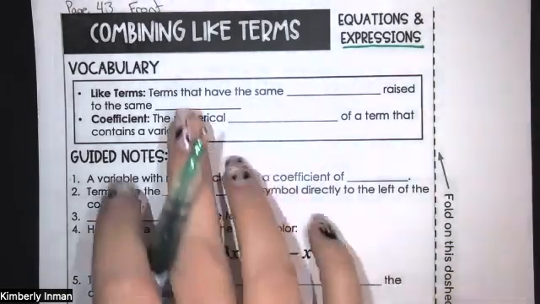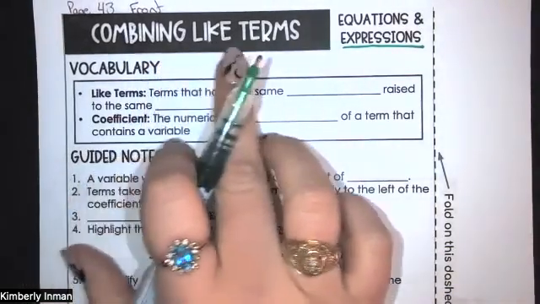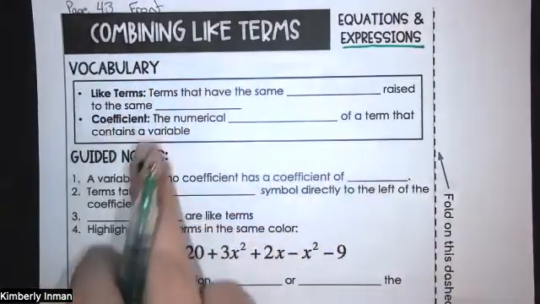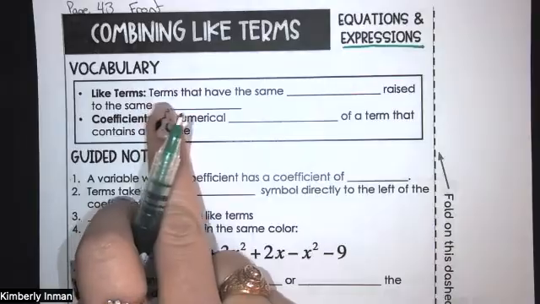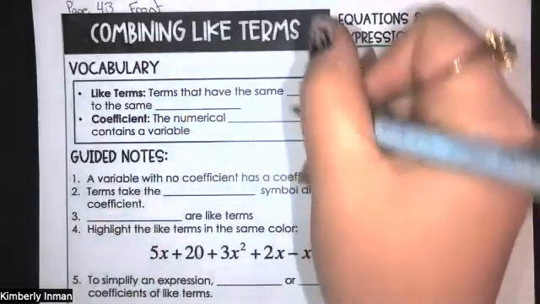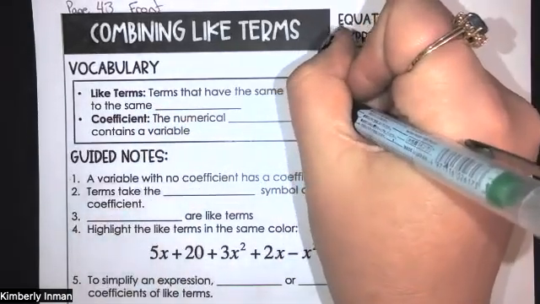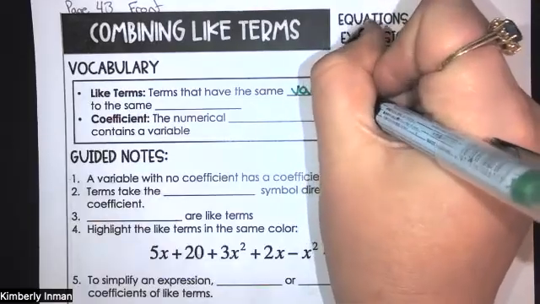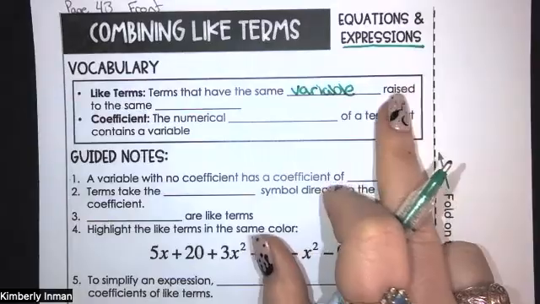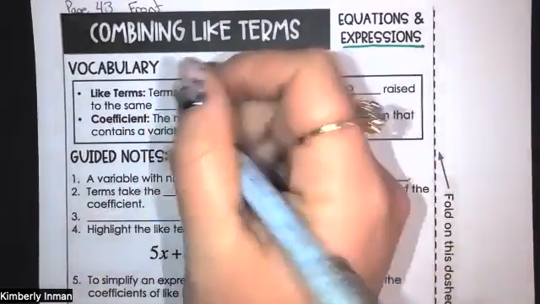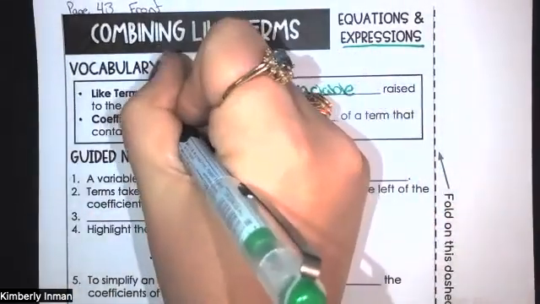So we're going to start with combining like terms. And first we need to define what a like term is. Like terms are terms that have the same variable and that are raised to the same power or have the same exponent.